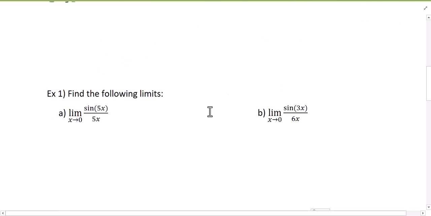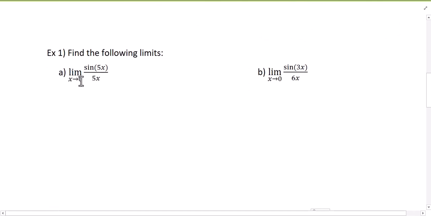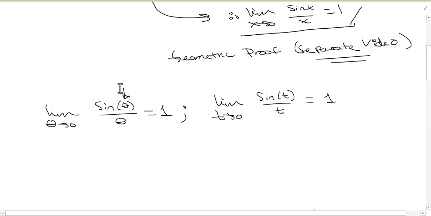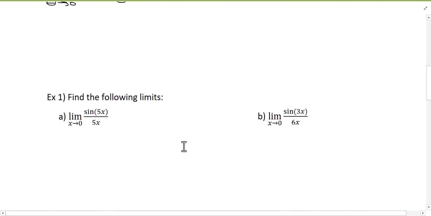For our first example, find the following limits. The limit as x goes to 0 of sine of 5x over 5x. As I was saying, if the argument of your trig function, which is whatever is inside the function, matches the denominator, then the limit is going to be 1. So for this one, notice that I could really easily let theta be 5x.